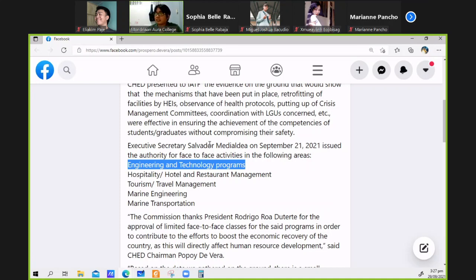Pero, ang nag-meeting kami kanina, sabi, ang napag-usapan namin is yung mga laboratory classes, yun lang yung mag-on-site. And then yung mga lecture, online pa rin. Kasi para malimitahan pa rin yung mga pupunta sa school.